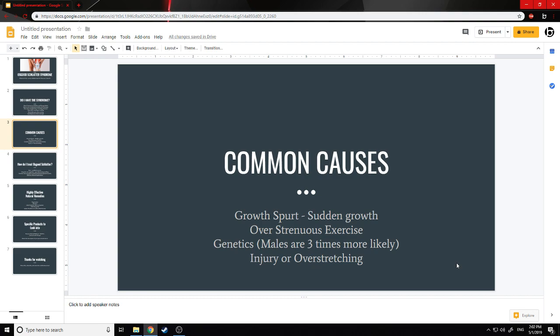Genetics is just a part of it. Guys are 3 times more likely to get Osgood Schlatter than girls, so genetics play a part in it, and that could possibly be due to sports and things of that nature, but it seems that genetics play a role. And then injury or overstretching can also make the muscles that are already under that tension even worse, and that pain can reoccur.